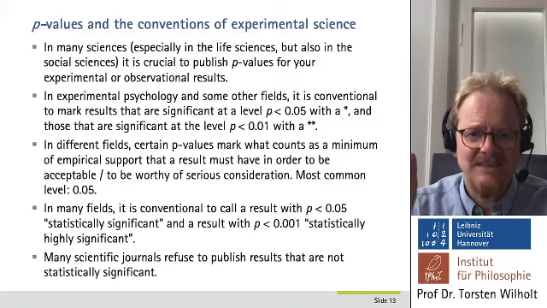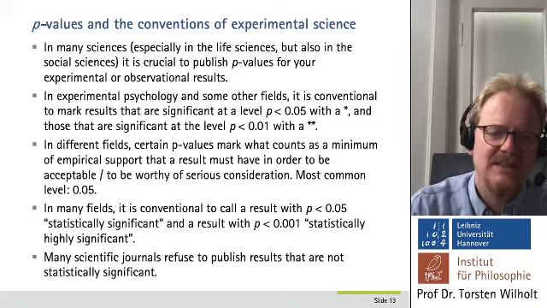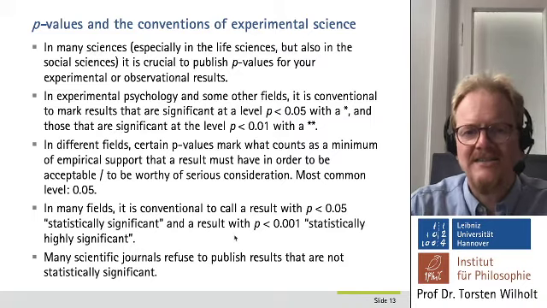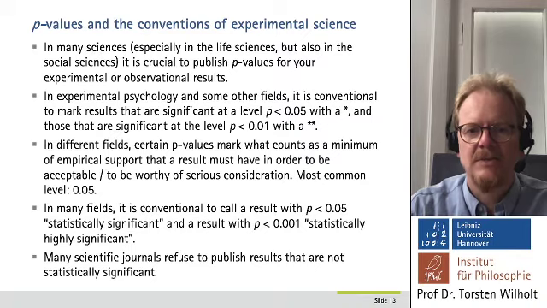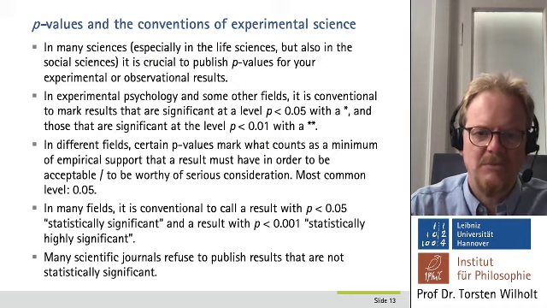And statistically significant means a p-value smaller than 0.05. That's the next bullet point. And sometimes you also have the convention that statistically highly significant means smaller than 0.001. So a probability of 1 per thousand.